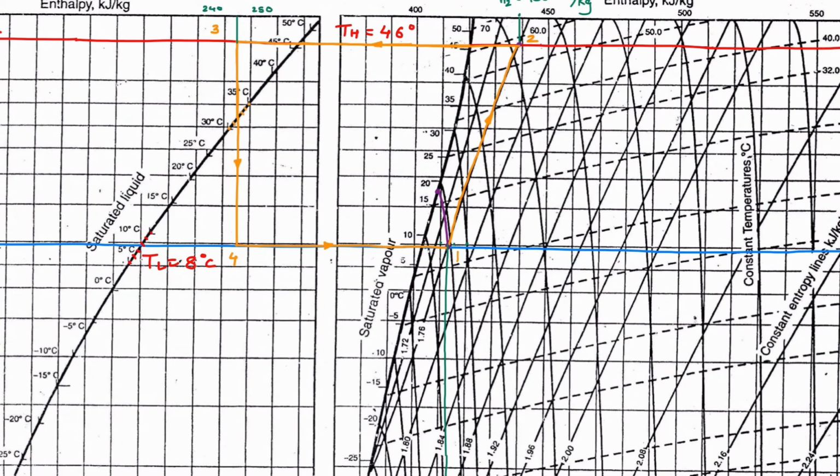Now again, if you see the pH chart, from point 4 to this point will be the latent heat part. So here latent heat is being picked up by the refrigerant from the room. And from this point to this point is superheating, so there will be sensible heating.